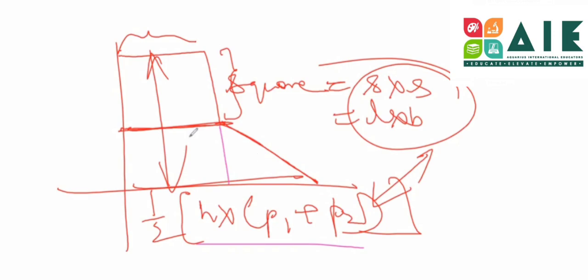You just have to add all the areas perfectly. No issue if you divide it into a square and trapezium or a rectangle and a triangle. If half into base into height is easy for you, do that. Nobody is stopping you. Ultimately, you are calculating the area, whatever formula you are applying. Making you understand well? Any other questions?